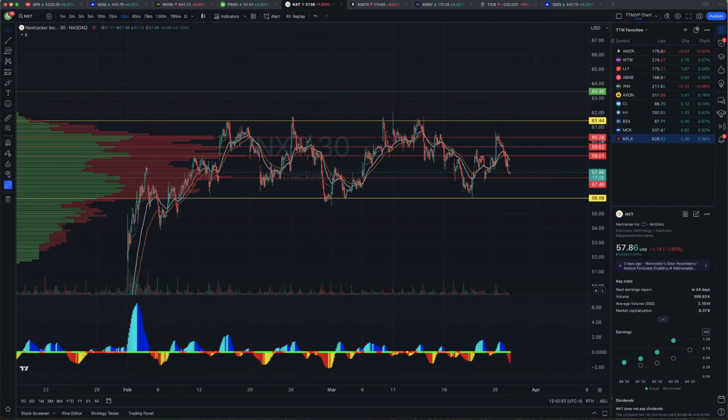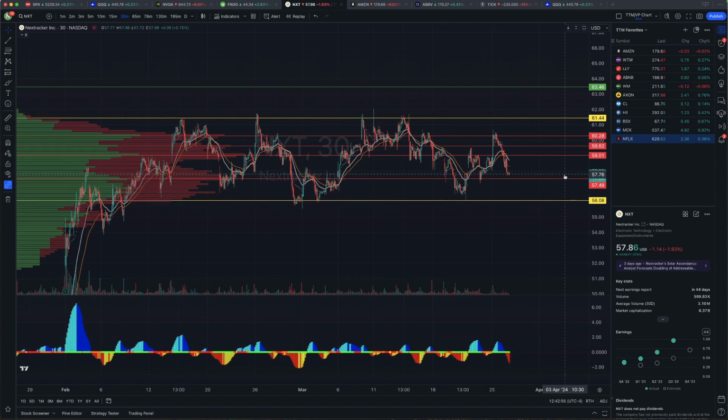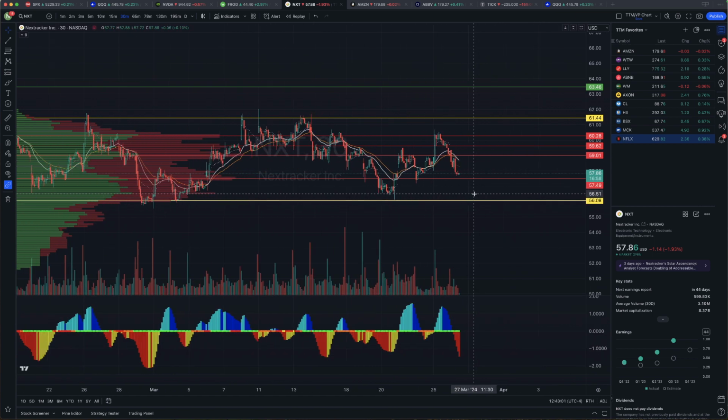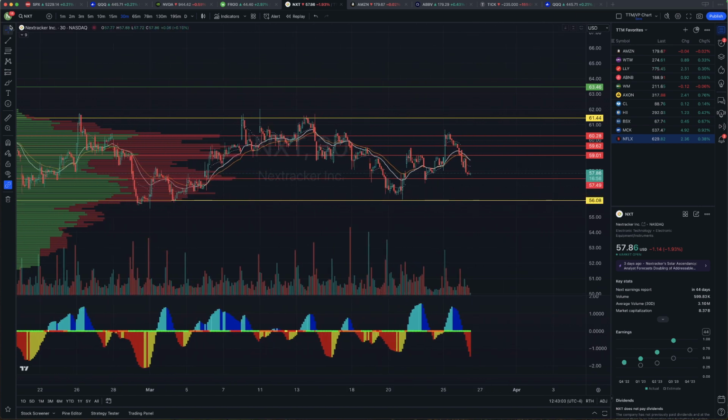And if you're out till April, if I was in this, especially if I picked it up somewhere down in here, then this chart is not broken, or here, or here.